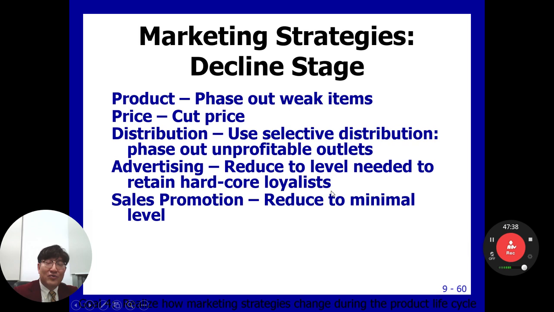And the advertising, you reduce to the level needed to retain hardcore loyal customers. You keep the advertising and the sales promotion at the minimum level so that you keep your hardcore loyal customers. That is what you do in the declining stage.